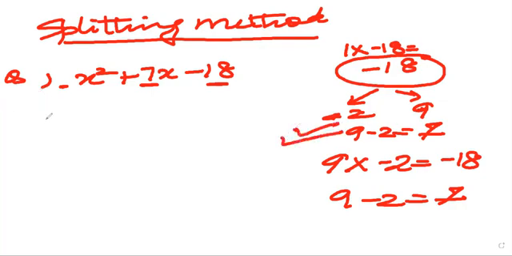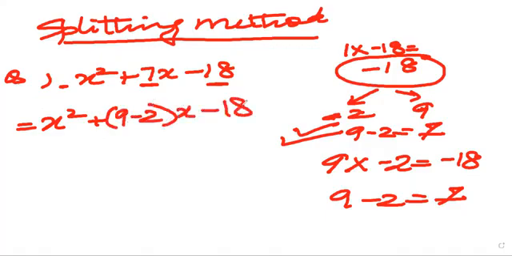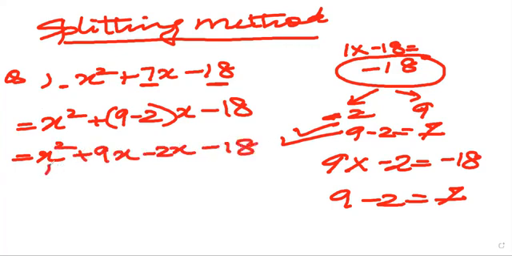Okay, so in x square, instead of 7, you are splitting the middle term, you can write 9 minus 2. Okay, the rest will remain as it is. You are just splitting the middle term. So x square plus 9x minus 2x minus 18. Now take the common from the first two and the last two.